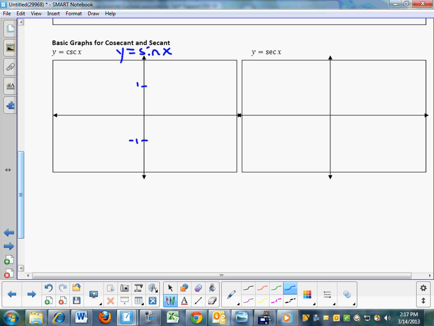What's the period? 2 pi, divided up into 4 places. Any horizontal shift or vertical shift? Nope. Where does sine start? 0, top or bottom? Zero. Starts here. Does it start by going up or down? Up.